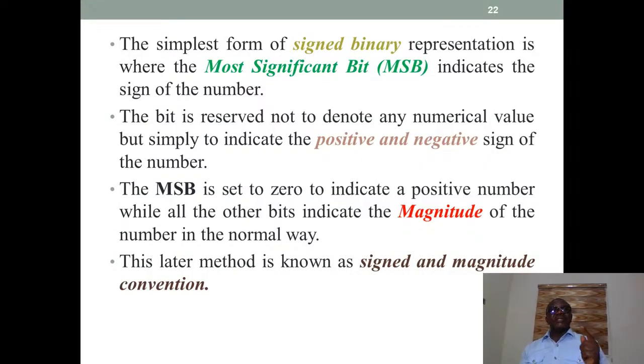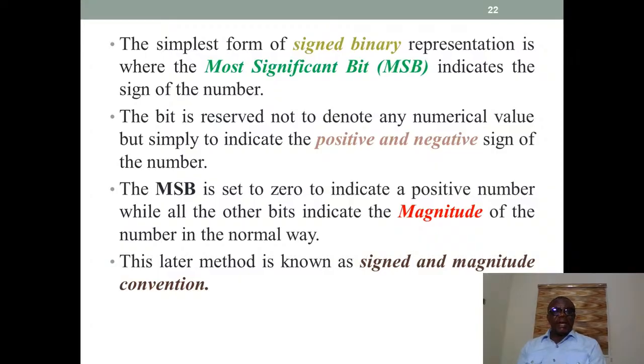So we say the simplest form of signed binary representation is where the most significant bit indicates the sign of the number. The bit is reserved not to denote any numerical value, but simply to indicate the positive or negative sign of the number.